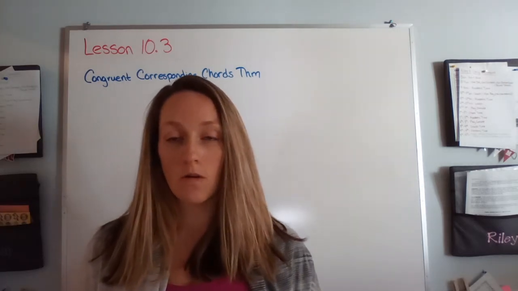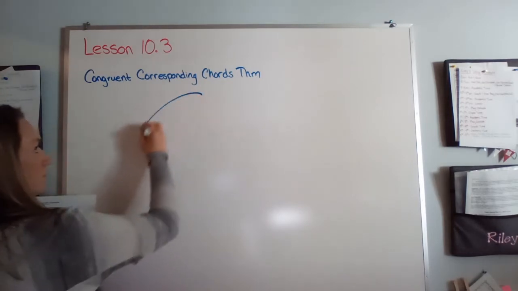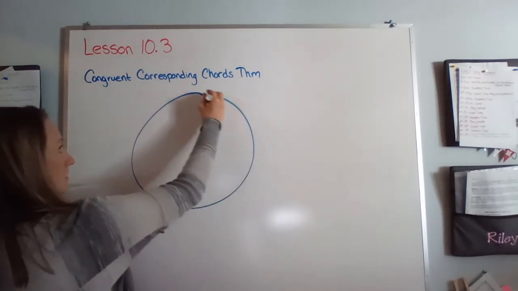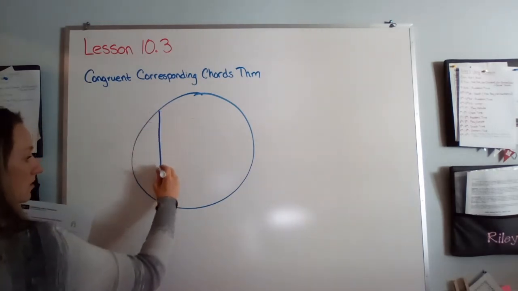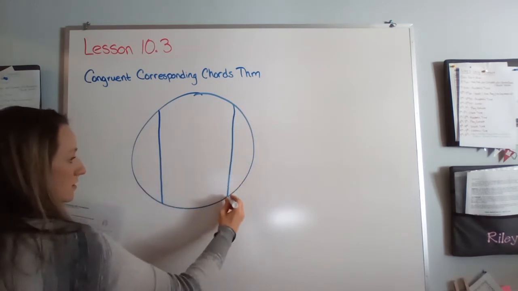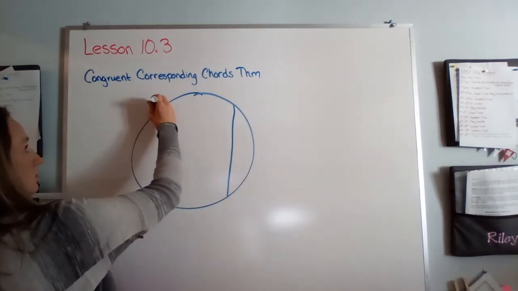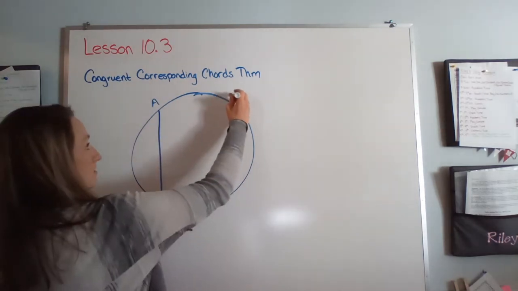Let me draw an example. If we have a circle, and 2 chords that are congruent to each other, we'll call this chord AD, and this one is BC.